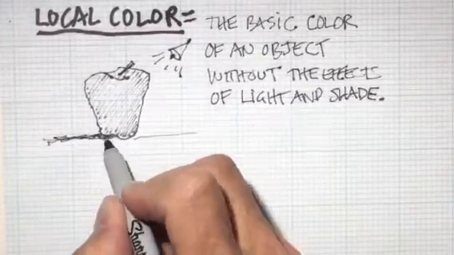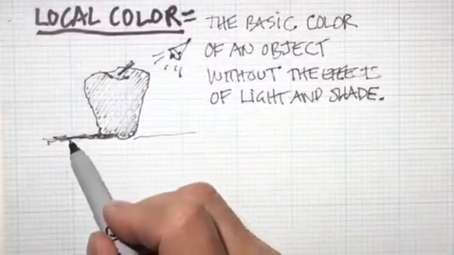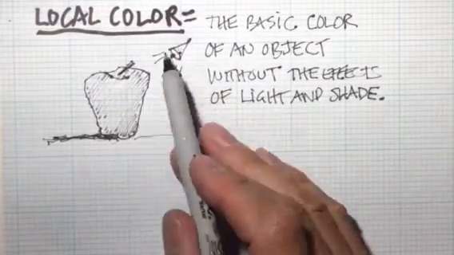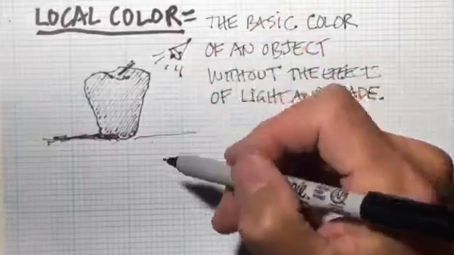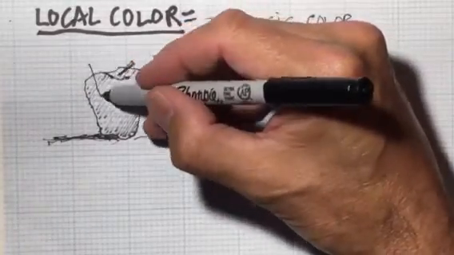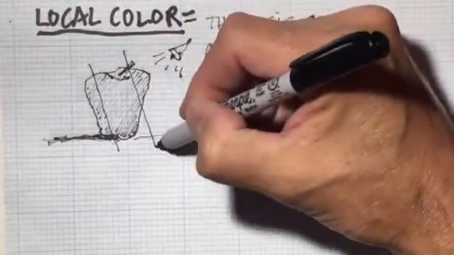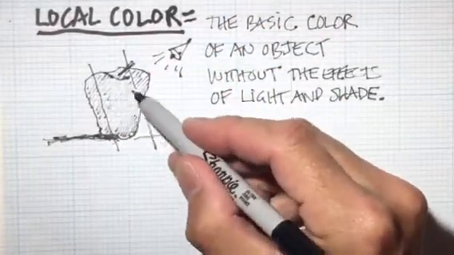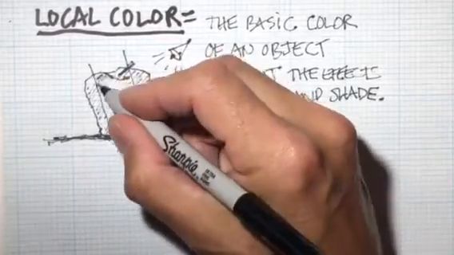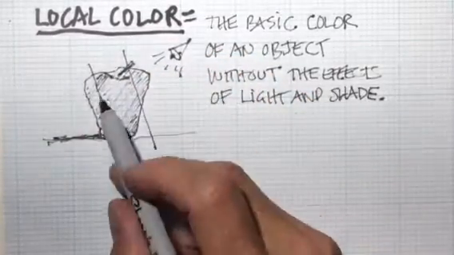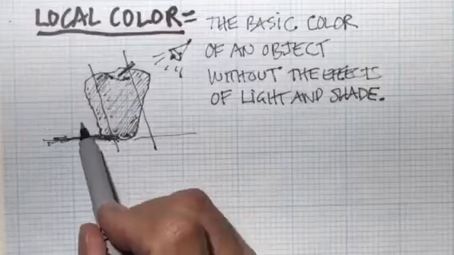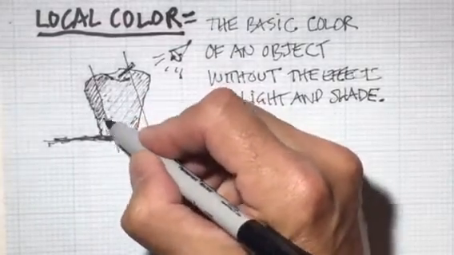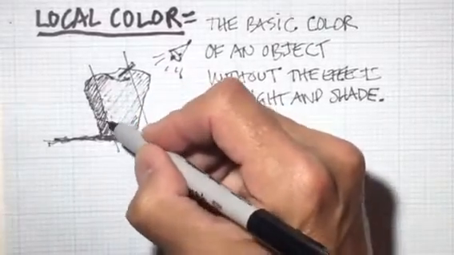Once you introduce light and shadowing, that changes the local color of the object. So this section of the apple might stay the local color, which might be the medium red. On this side, away from the light source, would become the shadow area, so this might become a darker red with maybe some purple or blue in there.